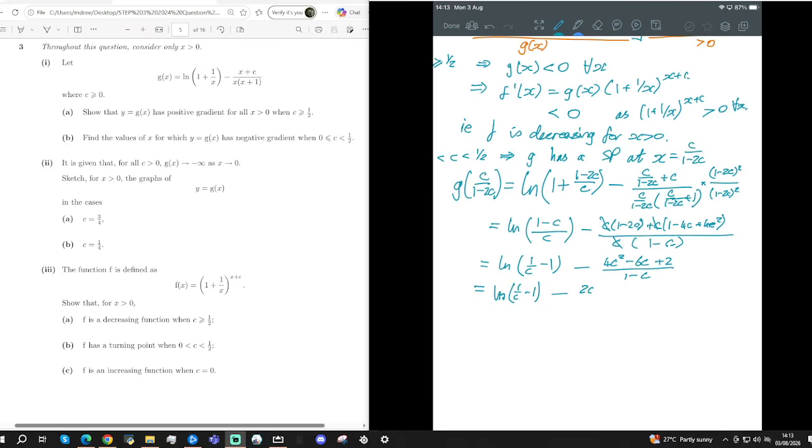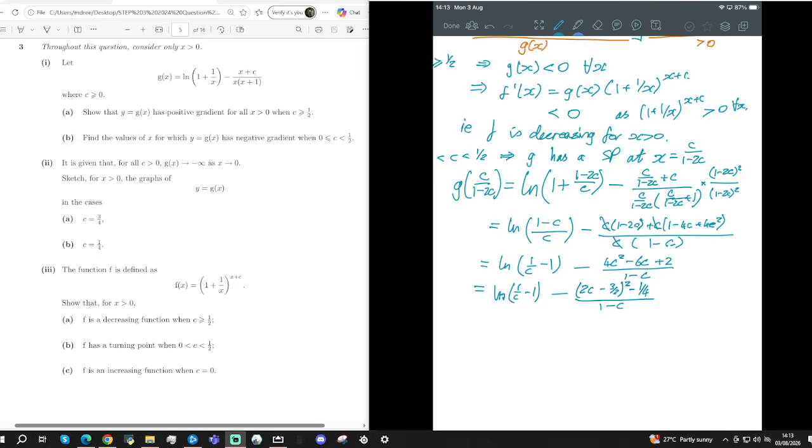So I'm going to say 2c, which will give me the 4c squared. 2c times something doubled, minus 3 over 2. So that's a boundary point of 3/4. So that will give me my minus 6c. That's got plus 9 over 4. So it's going to be minus 1/4 to get back to the 2 over 1 minus c.